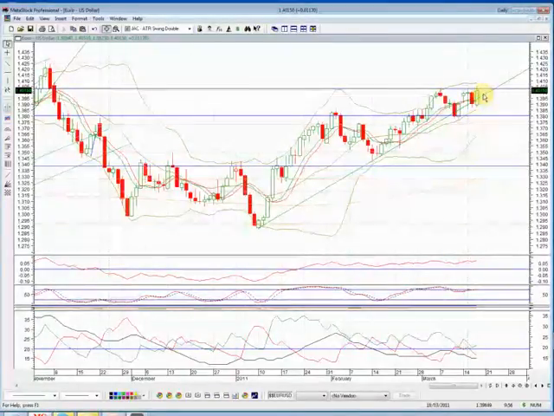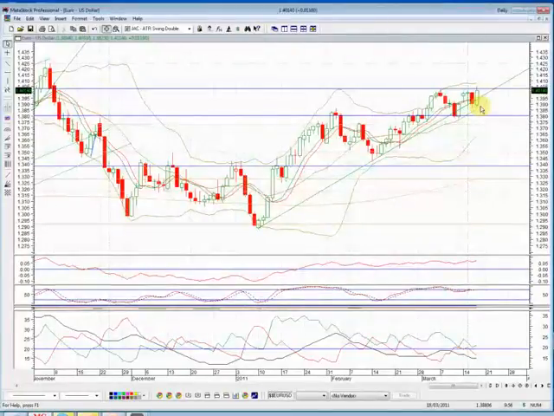Maybe tomorrow we have a down day in the euro, and Monday we get some sort of action close to that support here, and then we complete that correction, and my expectation would be that the euro will go up again.